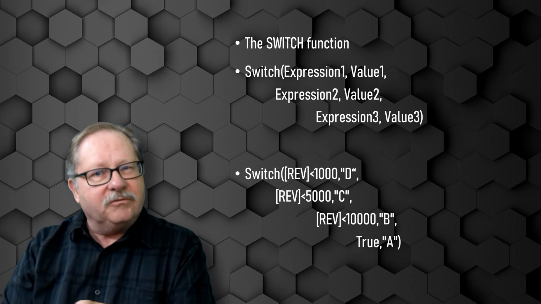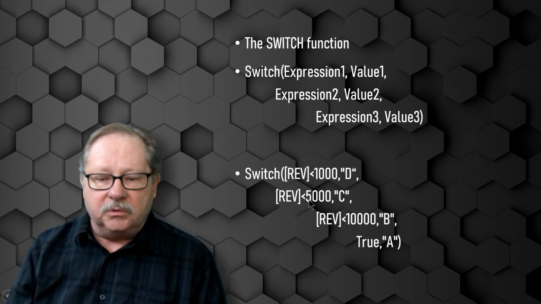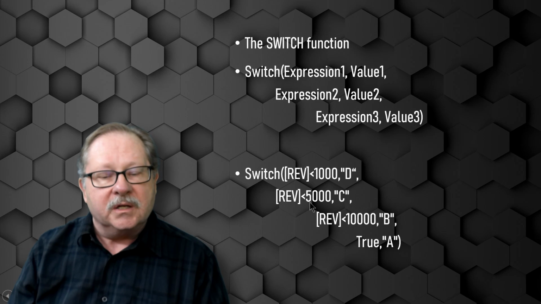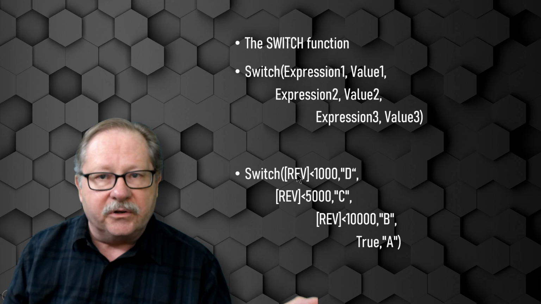Let's ratchet it up a little farther and see if we meet any more conditions. And in effect, it will meet the condition between 1,000 and 5,000 in this, because it's already eliminated everything under 1,000.